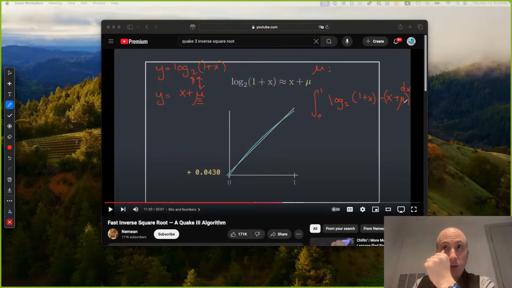But we want to choose the value of mu which makes this sum smallest, because if we chose a mu where the line was up here, the difference would be this difference plus this difference, plus all these differences.